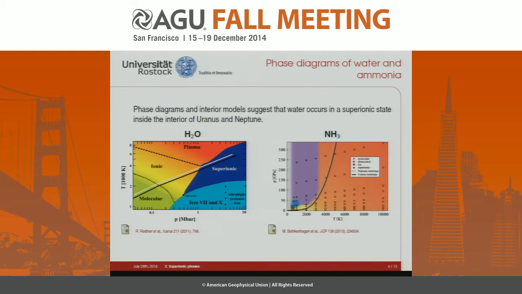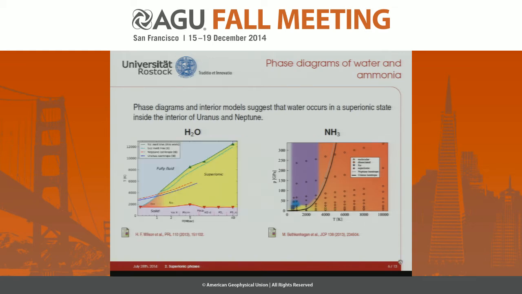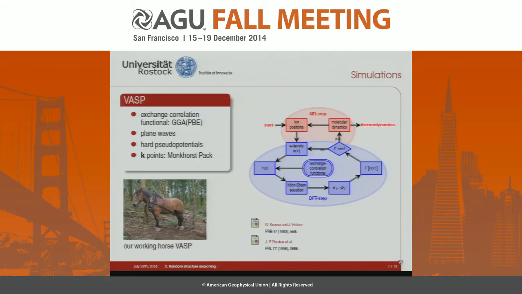So we always concluded that ammonia seems not to be important. But what happens if we look at the mixture? That was the main idea. I also want to point out that it's predicted by Burkhard Militzer's group, in work done by Wilson in 2013, with phase transitions within the superionics. That's also something to note.